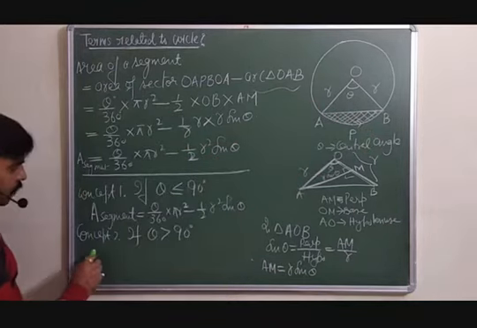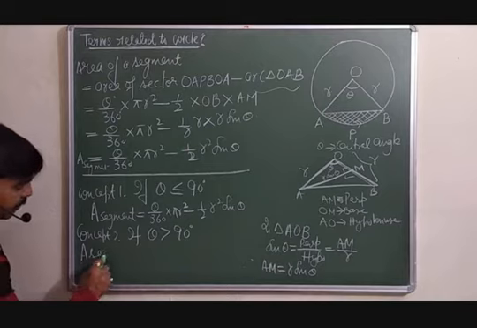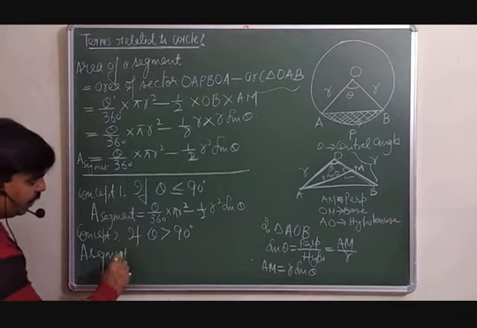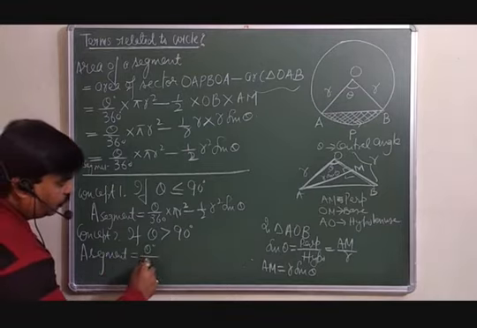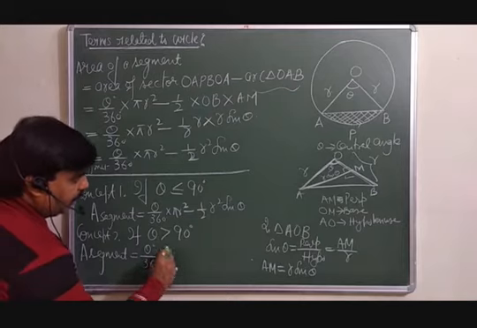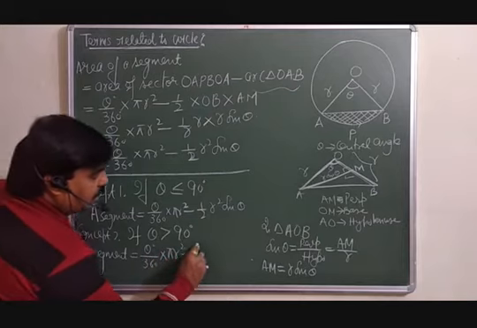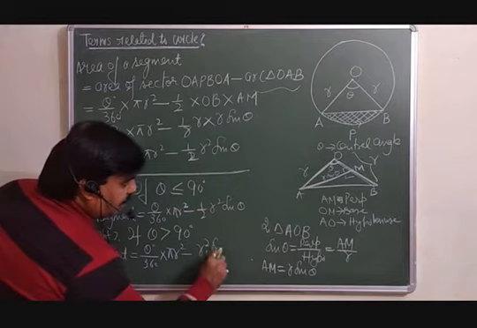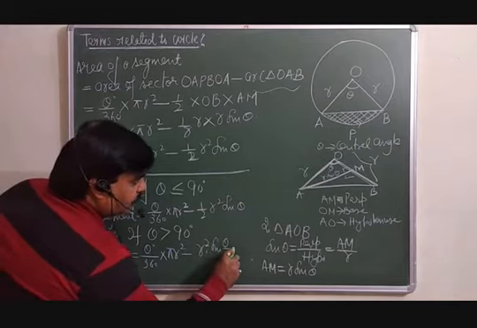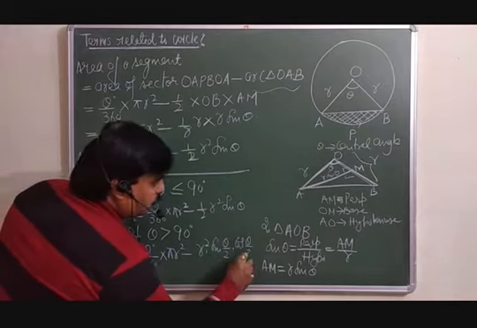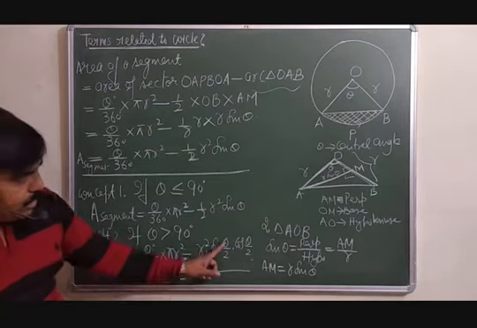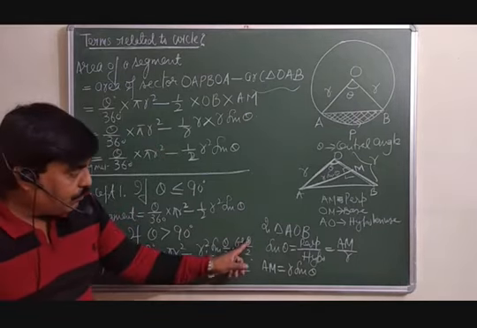So in that case, the area of the segment you can directly calculate with the formula theta over 360 into pi r square minus r square into sine theta by 2 into cos theta by 2. Remember, here we are taking the half of the angle.